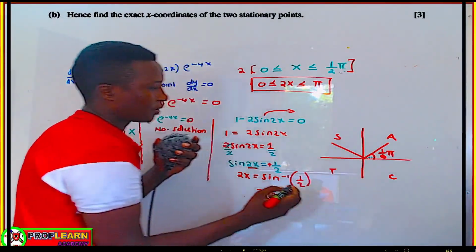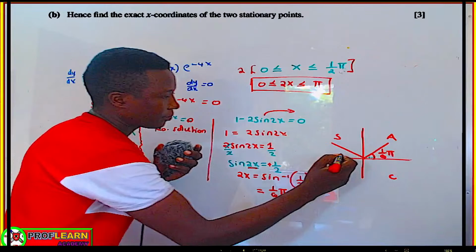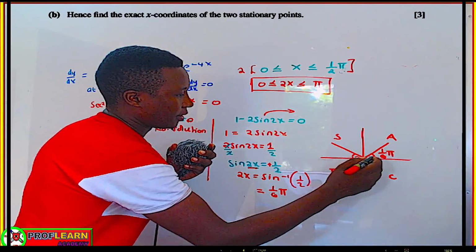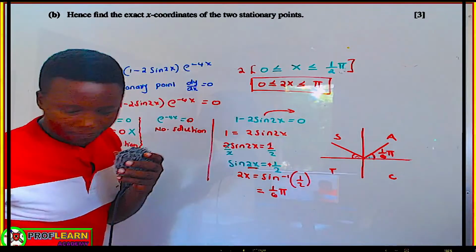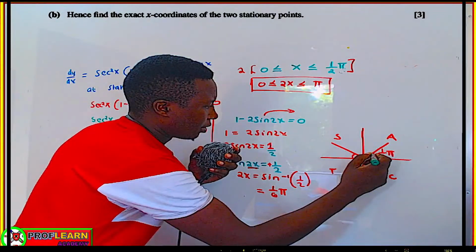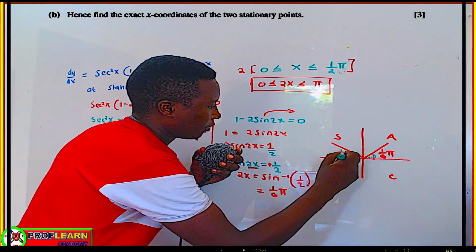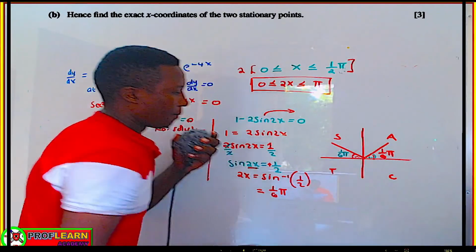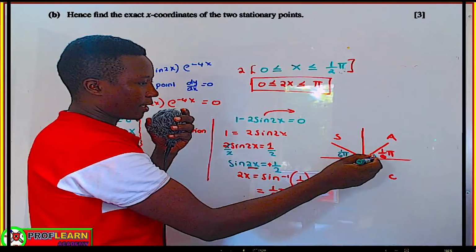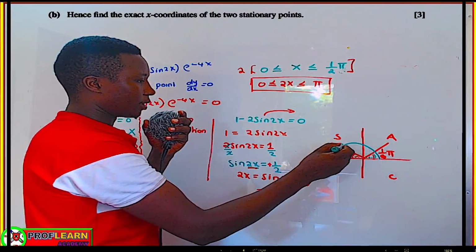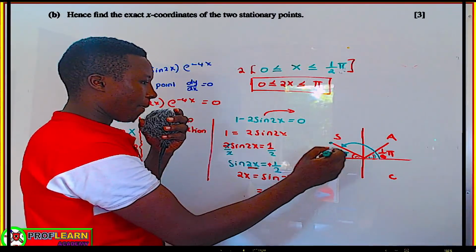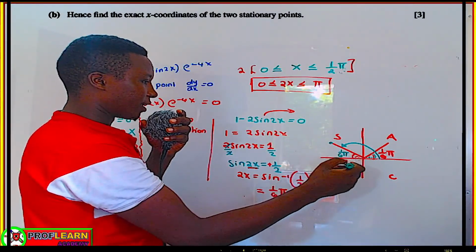If this angle is 1 over 6 pi, since we were finding positive angles, the next angle is the one that runs up to this given point. To get the angle at this point, it will be pi minus 1 over 6 pi.